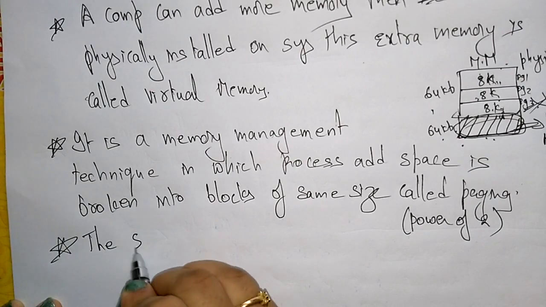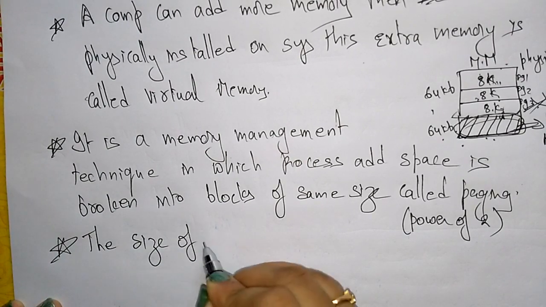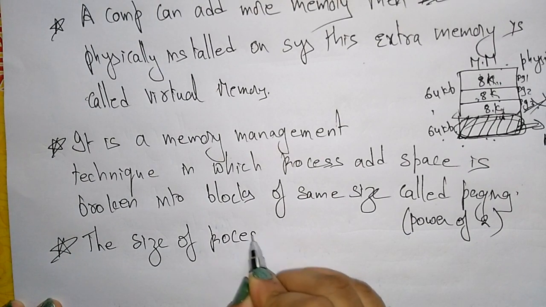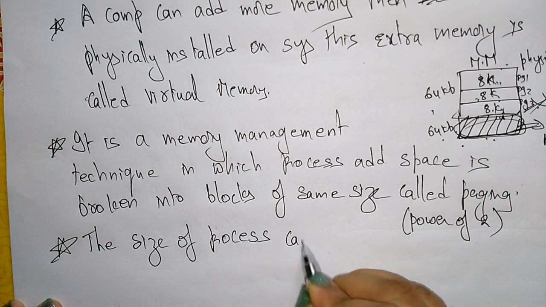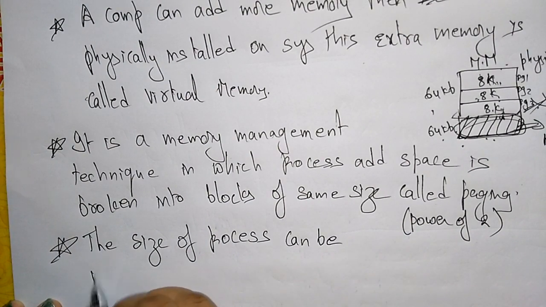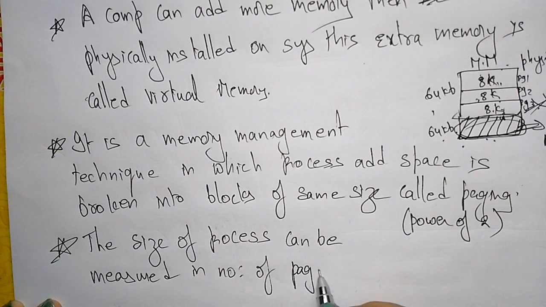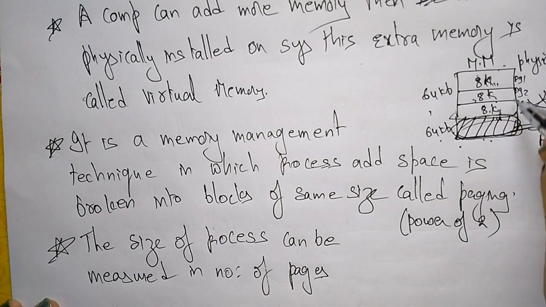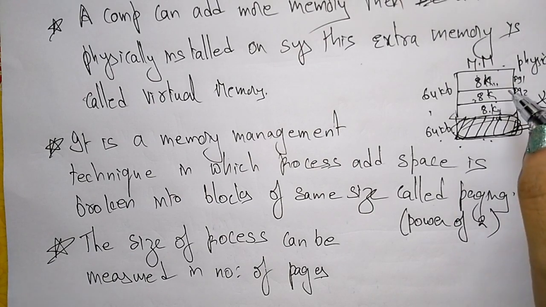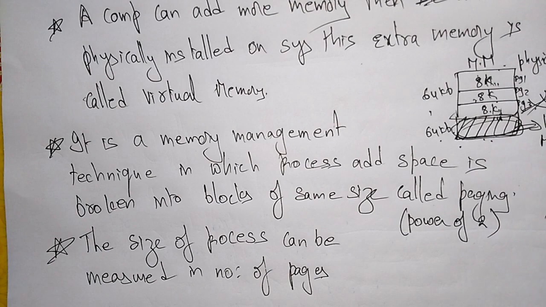How can we say what the size of the process is? The size of a process can be measured in number of pages. Suppose here 3 pages are there. So the size of the process is 3 pages.